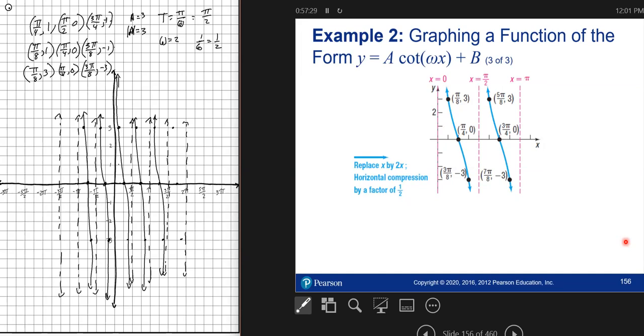And if you have a vertical compression, everything gets squashed towards the x-axis, either pushed up or pushed down. And if you have a stretch, everything's being pulled away from the x-axis, which is what we had in this particular problem. So it was pulled away from the x-axis and pushed towards the y-axis.